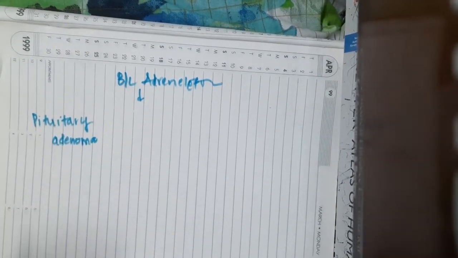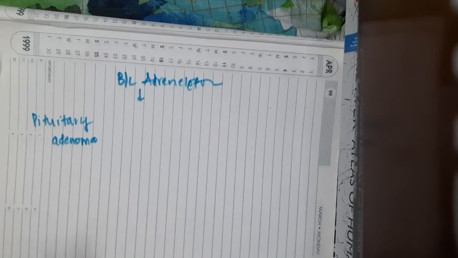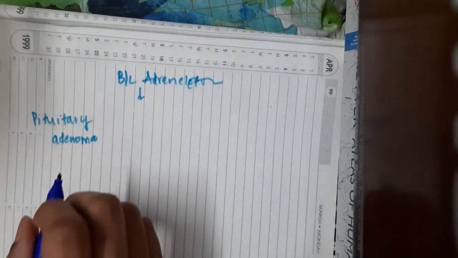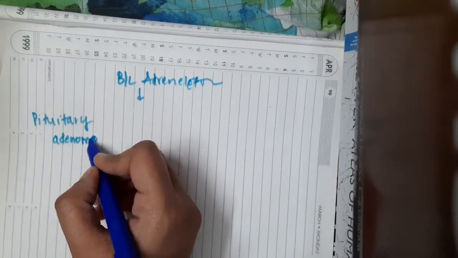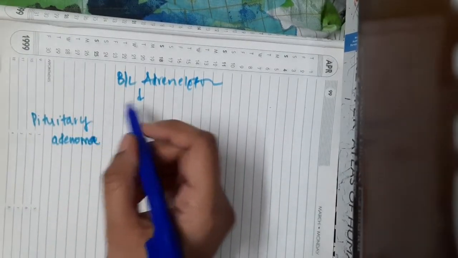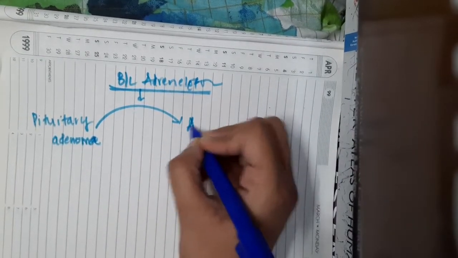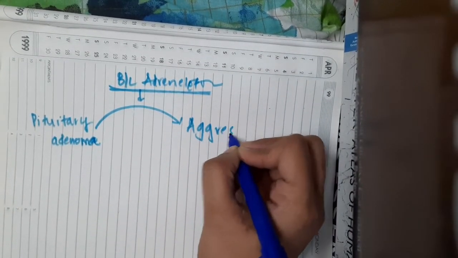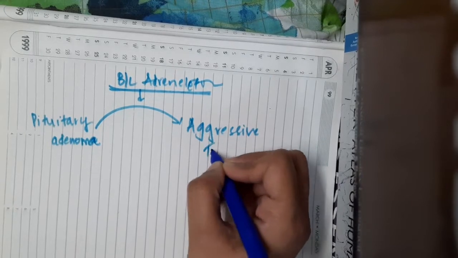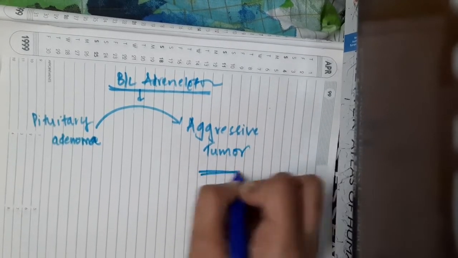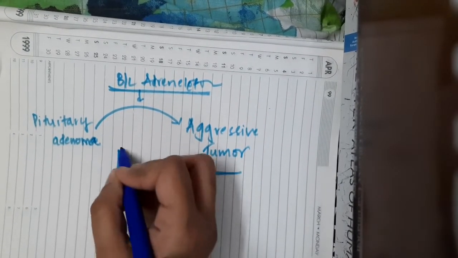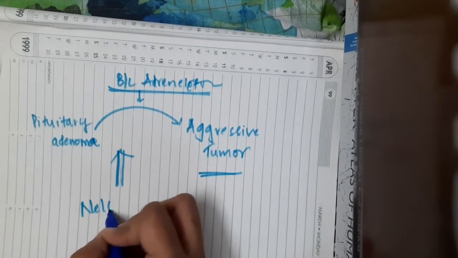He had an adrenal tumor, and for that you have done bilateral adrenalectomy and missed the pituitary adenoma. Because of this adrenalectomy, the pituitary adenoma will become more aggressive, resulting in symptoms, and this is called Nelson syndrome.